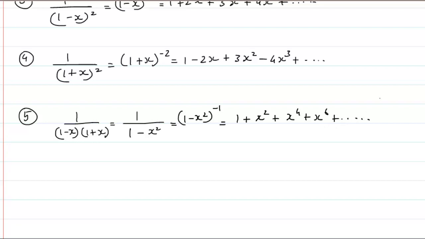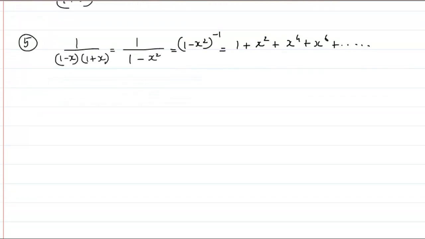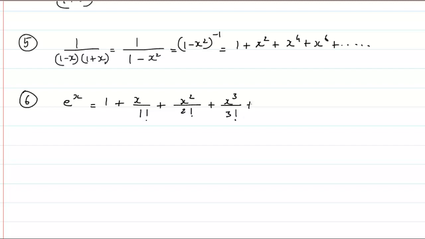Okay, the next one in this series is e raised to power x, which can be written as 1 plus x by 1 factorial plus x square by 2 factorial plus x cube by 3 factorial, like that up to infinity.